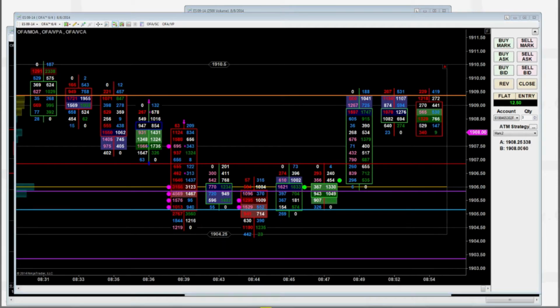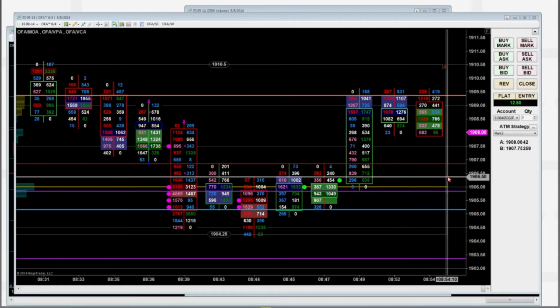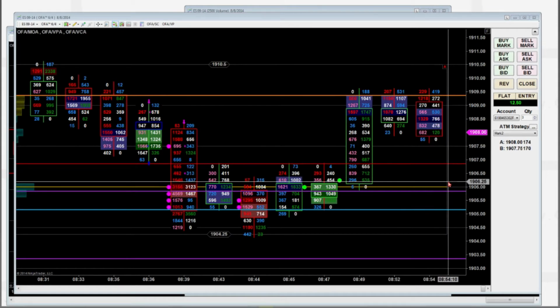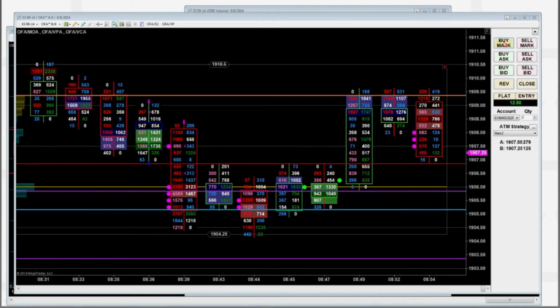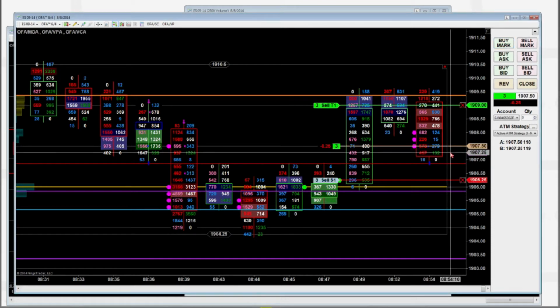So we have a little bit of a wall here. Would prefer 1907.25.